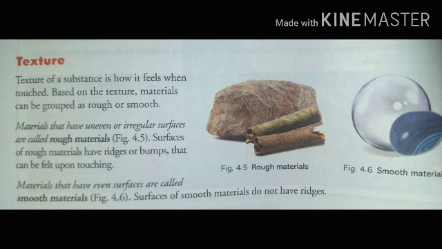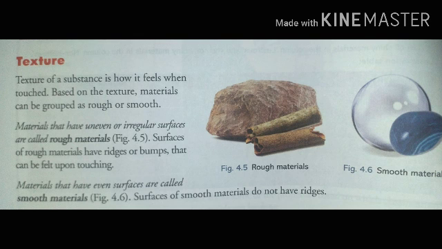Surfaces of rough materials have ridges or bumps that can be felt upon touching. Smooth materials have even surfaces, and the surface of smooth materials does not have ridges. In the picture you can see rough and smooth materials.